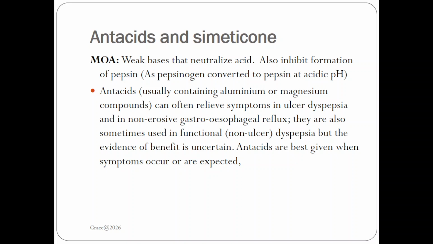Some of the antacids, like I was saying, are usually aluminum and magnesium compounds, and they give relief, and they try to prevent erosion from gastroesophageal reflux. We know that with reflux, the acid can get back, and as a result, the acid can bring about erosion of those layers in that specific area where it is getting back.